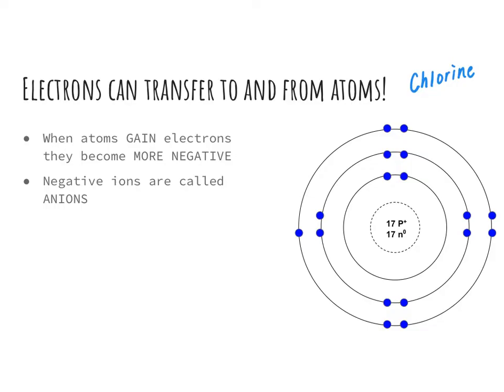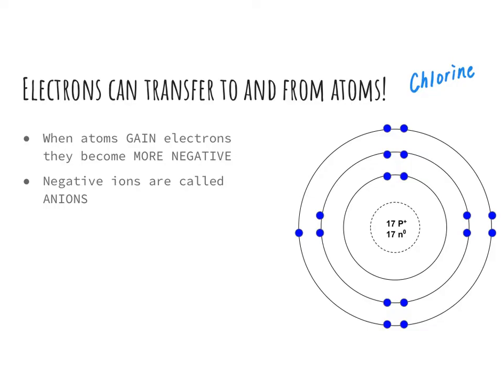Electrons are pretty important when it comes to chemistry and chemical reactions because they can transfer to and from other atoms. So let's take this chlorine, this neutral atom that we had from the previous couple slides. Right now, this chlorine atom has 17 electrons.